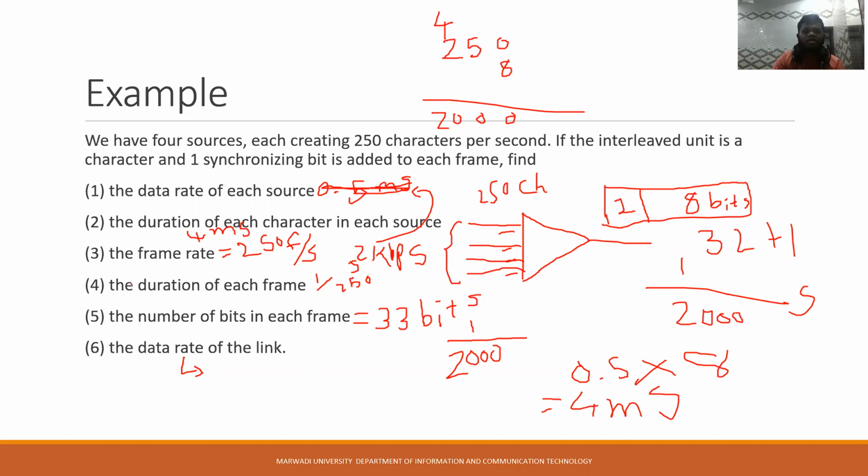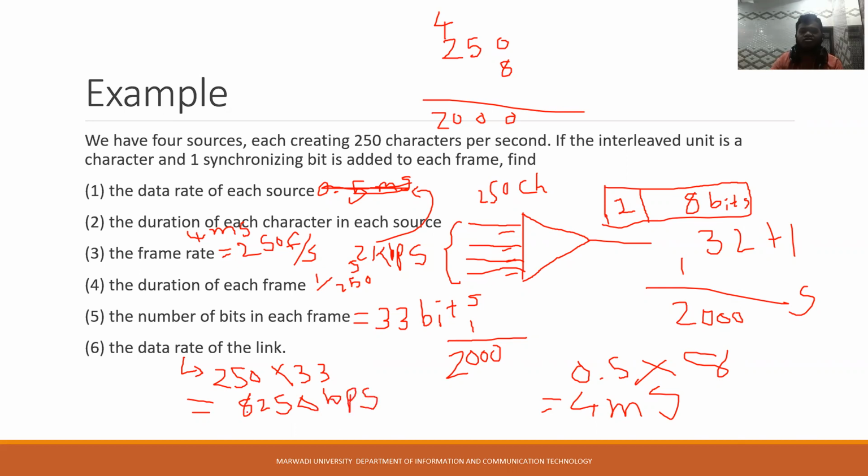So what we can do is multiply the frame rate with the number of bits in each frame. So we multiply 250 into 33. We need to send 250 frames per second, and each frame is having 33 bits. Now if we calculate this, we would have 8250 bits per second.